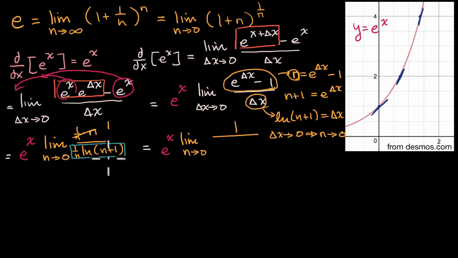If I have a times the natural log of b, this is the same thing as the natural log of b to the a power. This is just natural log properties. So what we have down here would be the same thing as the natural log of n plus 1. And actually, let me write it the other way around: 1 plus n, I just swapped these two, to the 1 over n power. So the natural log of that whole thing.